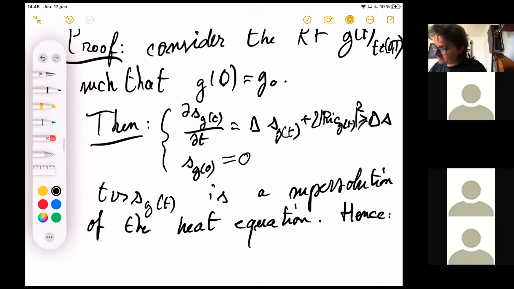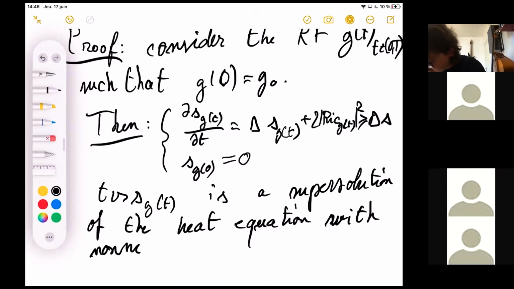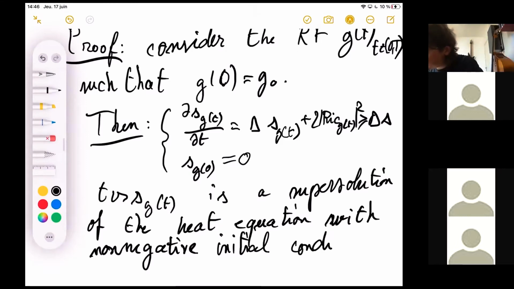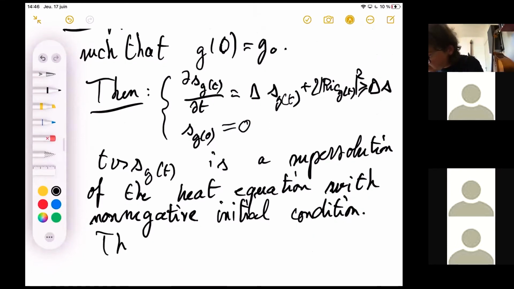Hence, we have an alternative for the heat equation, with non-negative, let's say, initial condition. And the proofs are the same as in R^n, more or less. You can look at the book of Chow and Knopf for a proof with a non-negative initial condition.